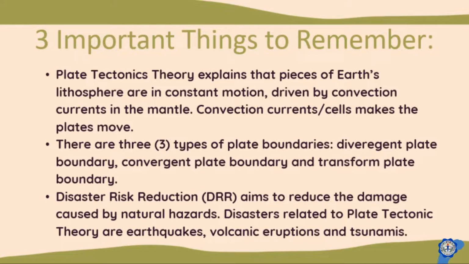Second, there are 3 types of plate boundaries: the divergent plate boundary, convergent plate boundary, and transform plate boundary. Third, disaster risk reduction or DRR aims to reduce the damage caused by natural hazards. Disasters related to plate tectonic theory are earthquakes, volcanic eruptions, and tsunamis.